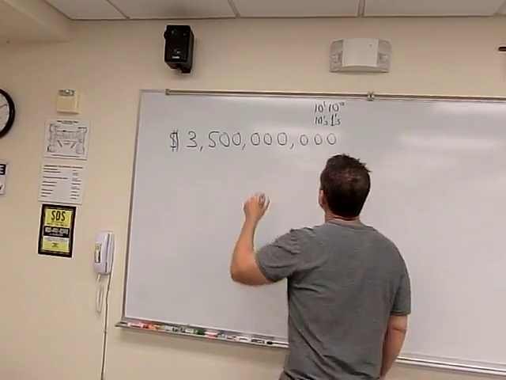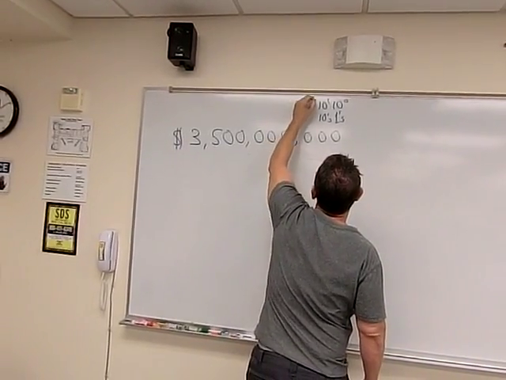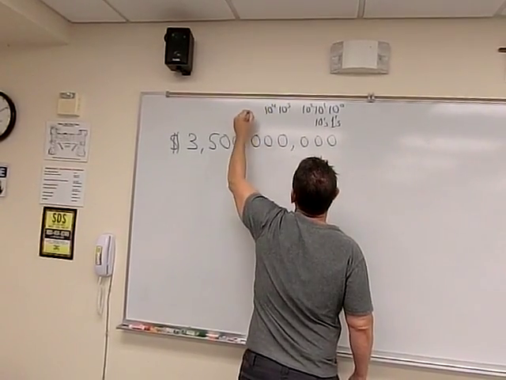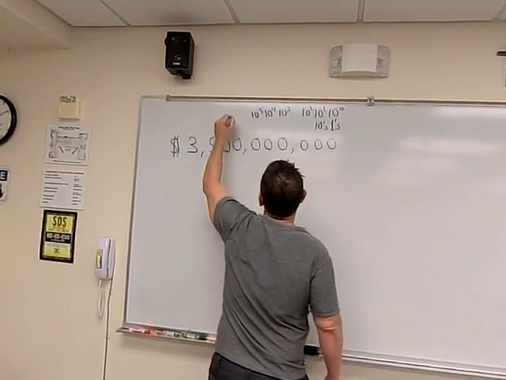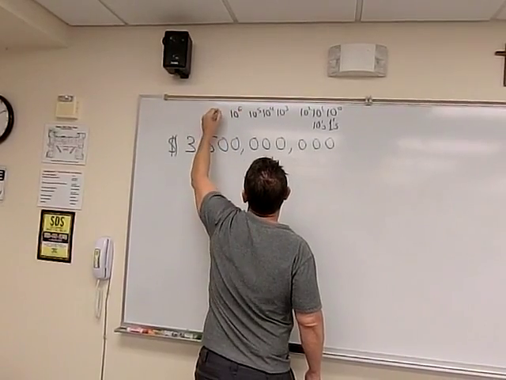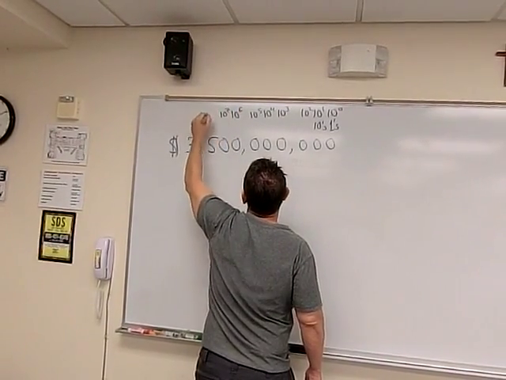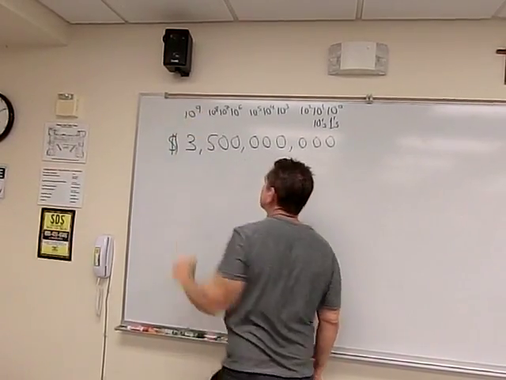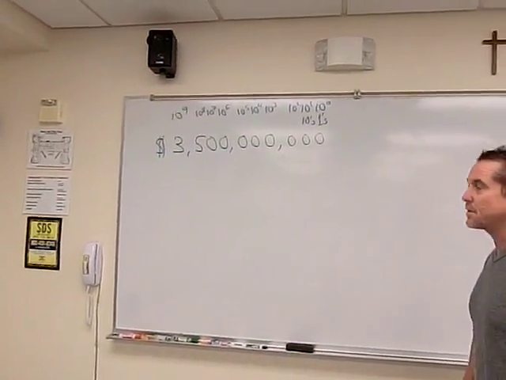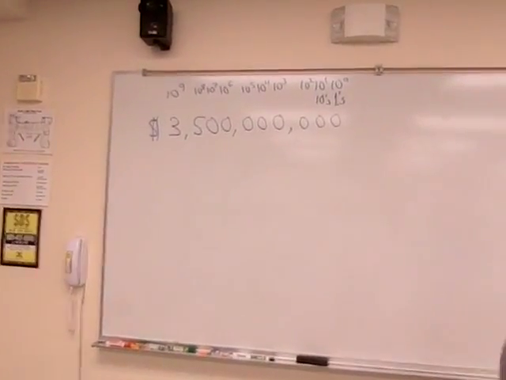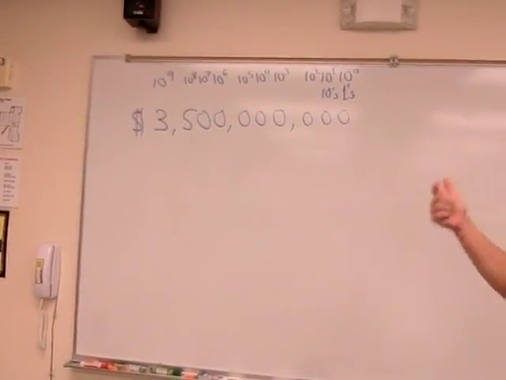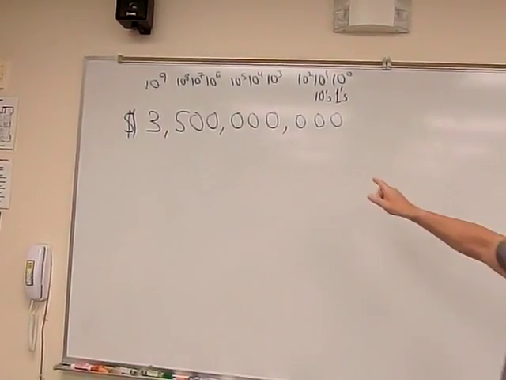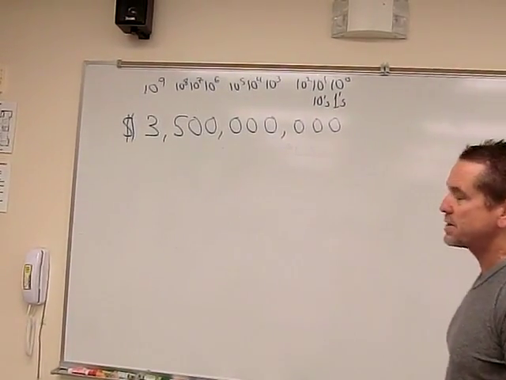So out here, we can keep going with 10 to the second, 10 to the third, 10 to the fourth, 10 to the fifth, 10 to the sixth, 10 to the seventh, 10 to the eighth, 10 to the ninth. Can you see that? Okay. So like we talked about earlier, since we use a base 10 number system, each time we move up a place, that's a power of 10.